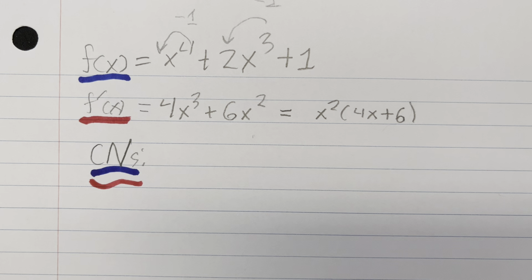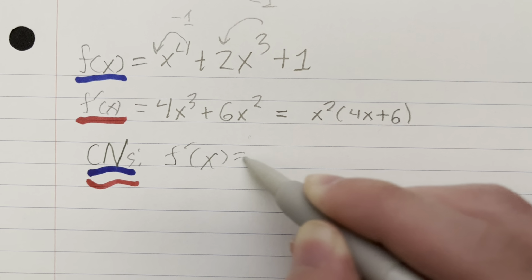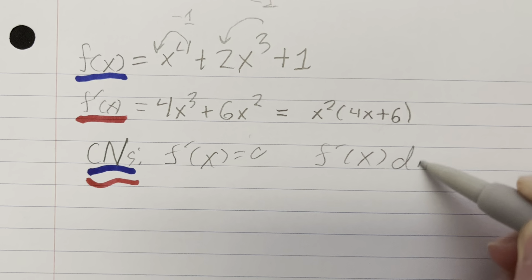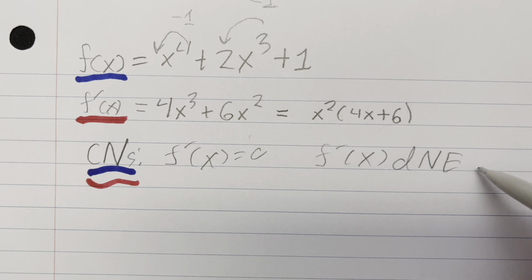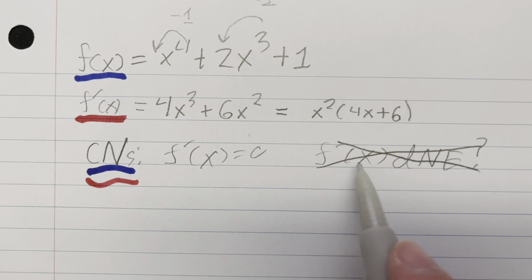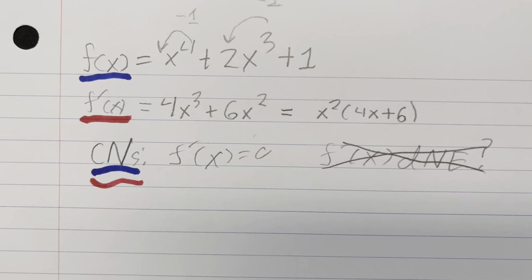So we're going to set f prime of x equal to 0, and we're going to find where it does not exist, but we've already concluded that f prime of x exists everywhere here. So no dispute about that, it exists everywhere.